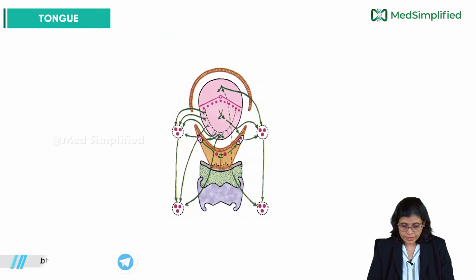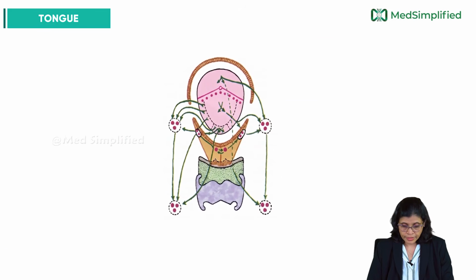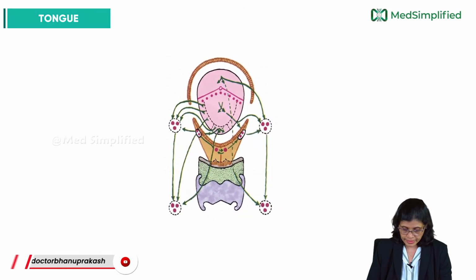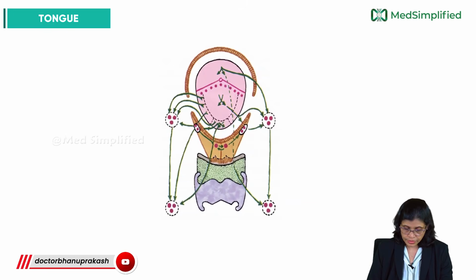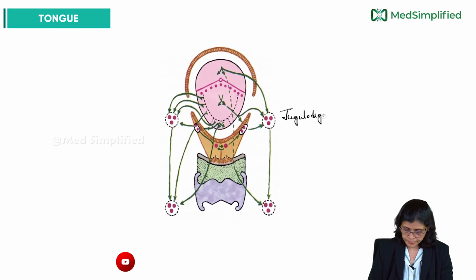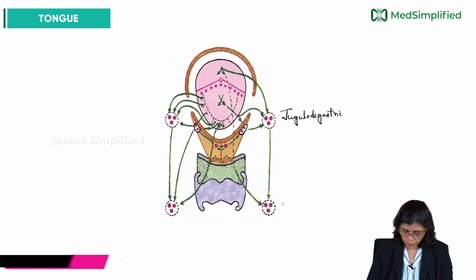Next important is the lymphatic drainage of the tongue. Here we have the jugulo-digastric group of lymph nodes. Then we have the jugulo-omohyoid.